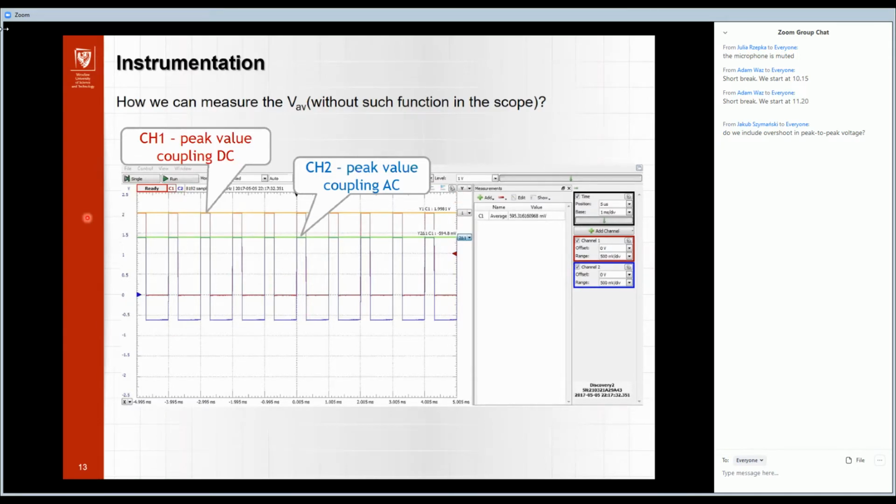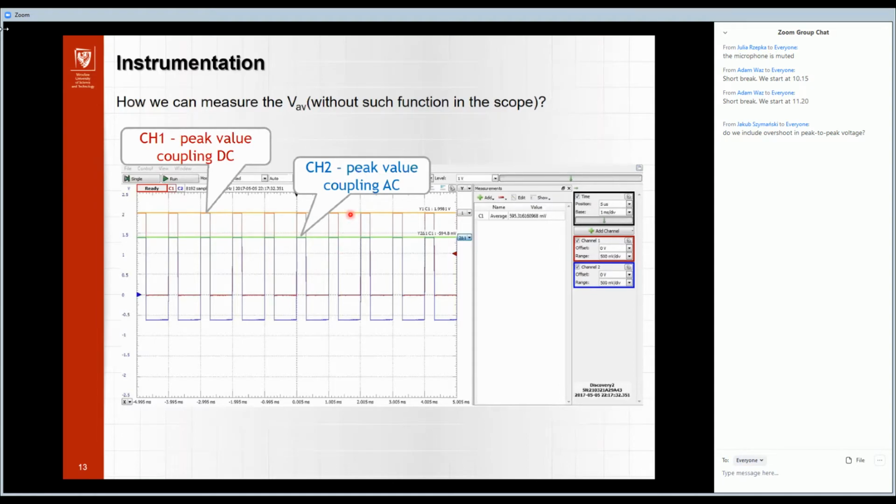You see that the red one is using DC coupling, and the signal is going from 0 to 2 volts. And now I move the switch to the other position, AC coupling, and now we have the same amplitude here, but the baseline is going down. So we do not have 0 here, and we have minus 0.6 volt.